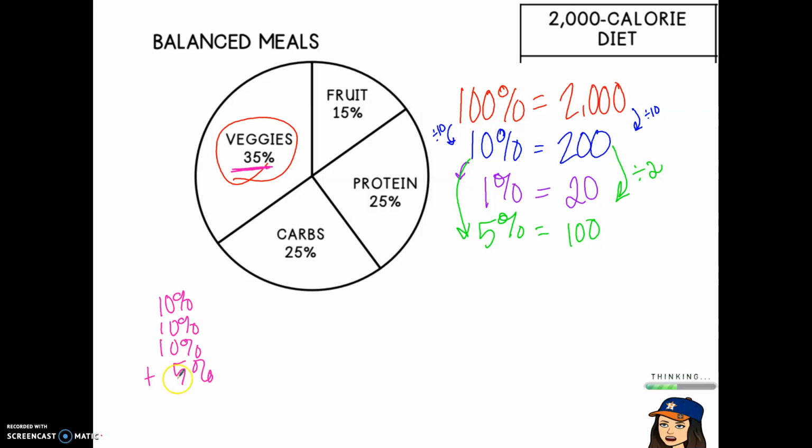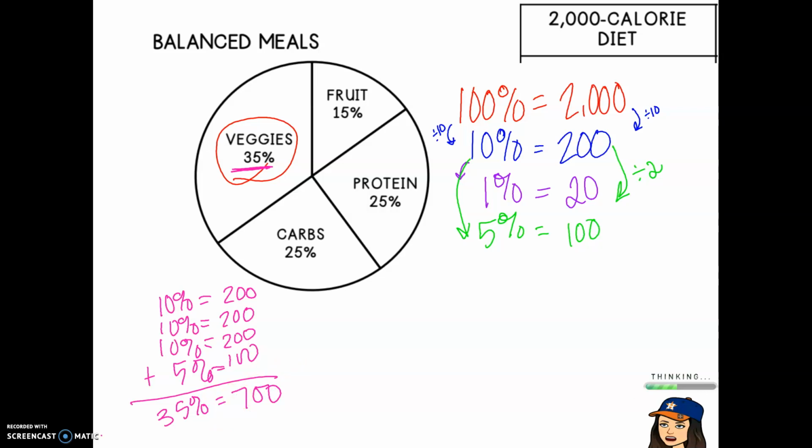So whenever I add those up, those would equal 35%. So 10% was 200, 200, 200, and then 5% was 100. And what do you know? 35% equals 700. I get the same answer that I got on the other page.